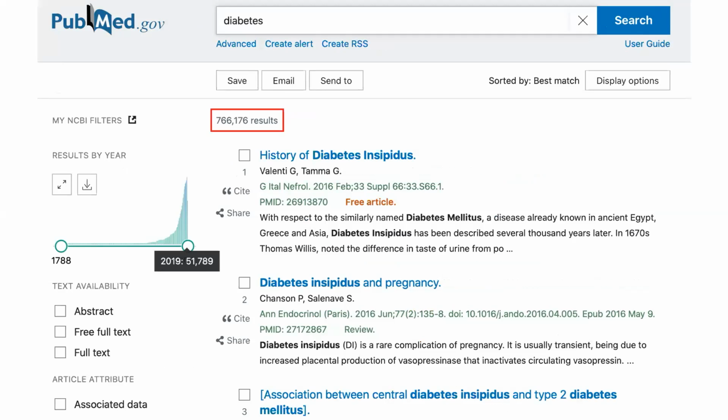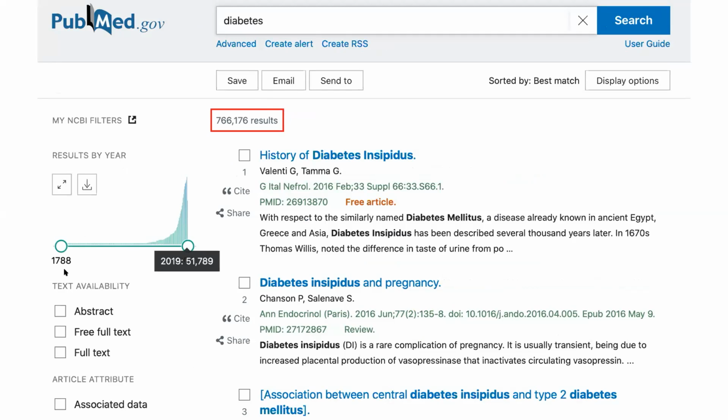How about diabetes? This is a topic that yields 51,789 in the year 2019 alone, which means that it is more than both coronavirus and more than sickle cell disease. And all of that was just in 1 year, right? So you can see how much it has been studied.